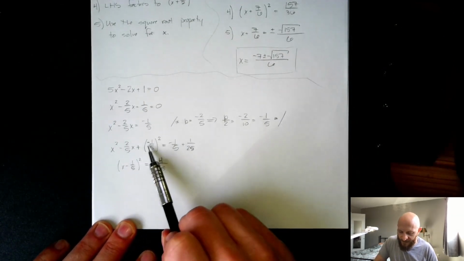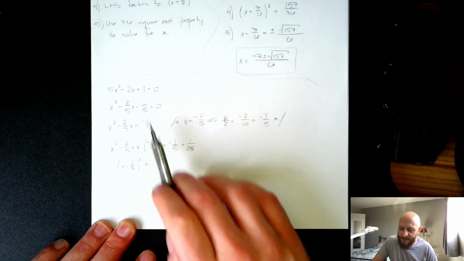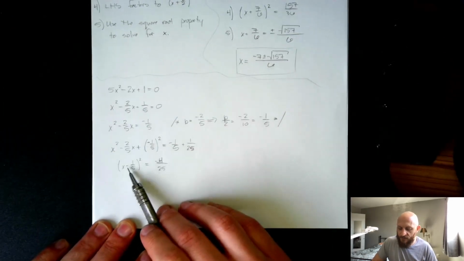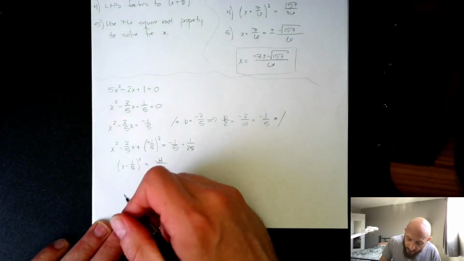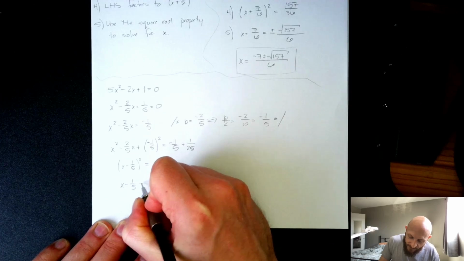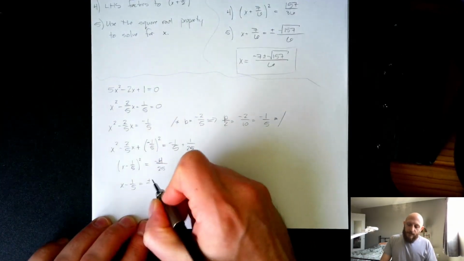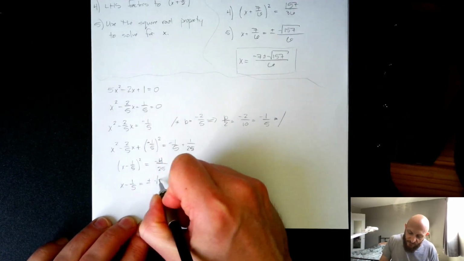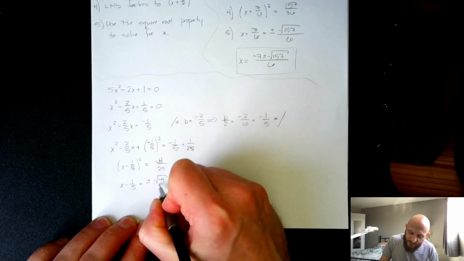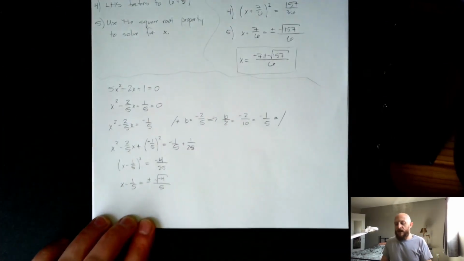But that's the big trick that I wanted to show here: be really careful when b is negative. You need to carry that negative all the way through to the factored form. So now let's go through and solve this out. x minus 1/5 equals plus or minus, just to make it really clear, on top the square root of negative 4, on the bottom the square root of 25 is 5.